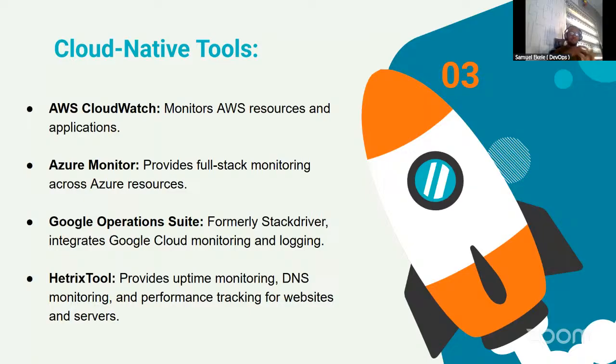So we usually, it was Stackdriver before, but now is GOS, right? Then Hetrix 2. Hetrix 2 is also a software as a service we use to send notifications when your application goes down. If you have a web application you want to monitor, you can register on Hetrix Tools and put it there.